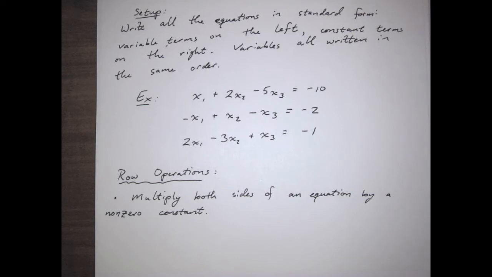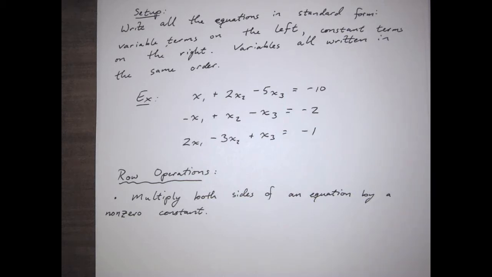You can always multiply both sides of any equation by the same non-zero constant. The reason why it can't be 0 is then what you get would be 0 equals 0, and although that would be a true statement, it would not be equivalent to the original equation.